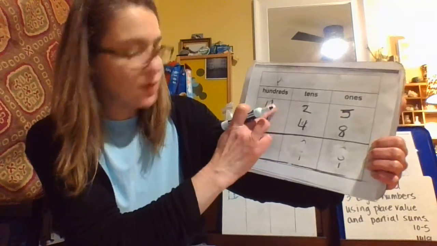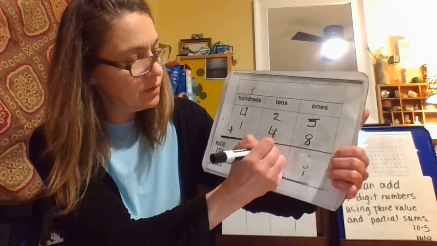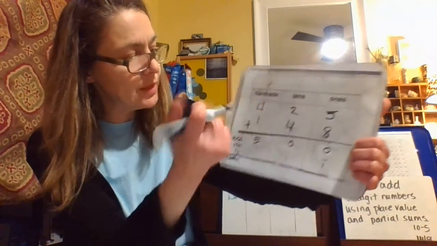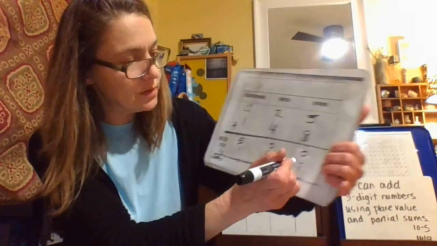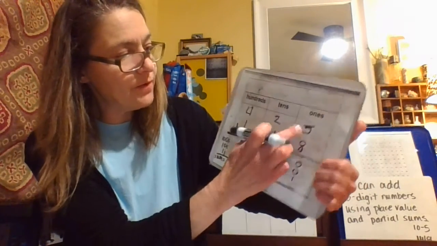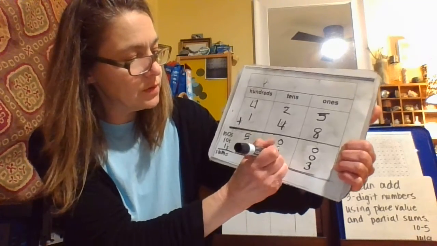So we'll add the hundreds. So 400 and 100 equals 500. Okay. And 4 tens and 2 tens equals 6 tens. Okay. And 5 ones and 8 ones equals 13 ones.